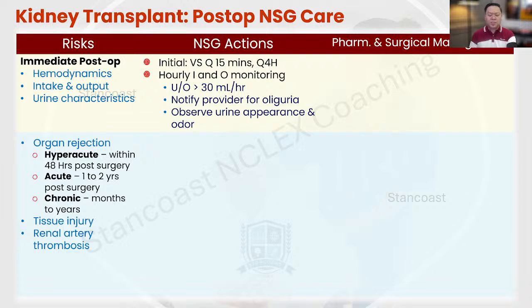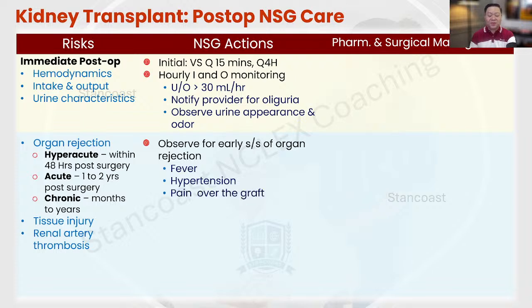Now, what to expect as a recovery room nurse or the ICU nurse taking care of this patient? Well, one of those signs would be fever. That is the earliest sign that there is rejection, and part of that would be hypertension. Then there's also pain at the transplant site or the graft, and there is also elevation of the blood urea nitrogen and also the creatinine.